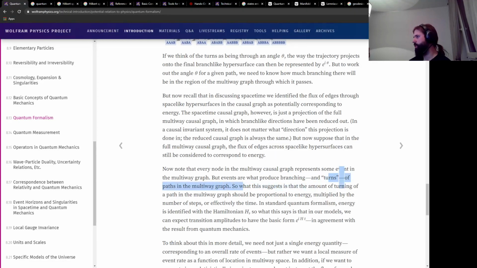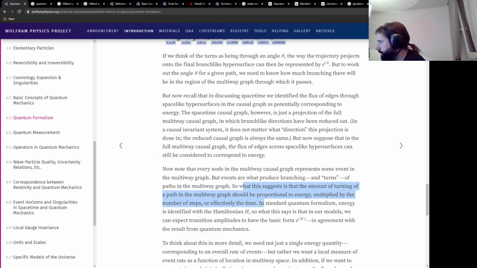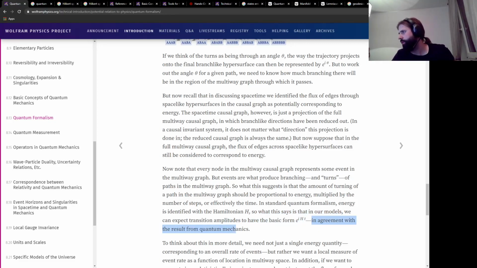So what this suggests is that the amount of turning of a path in the multiway graph should be proportional to the energy multiplied by the number of steps, or effectively the time. In the quantum formalism, energy is identified with the Hamiltonian H. So what this says is that in our models, we can expect transition amplitudes to have the basic form, in agreement with the result from quantum mechanics.